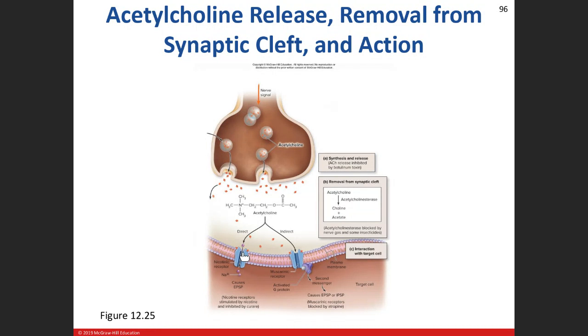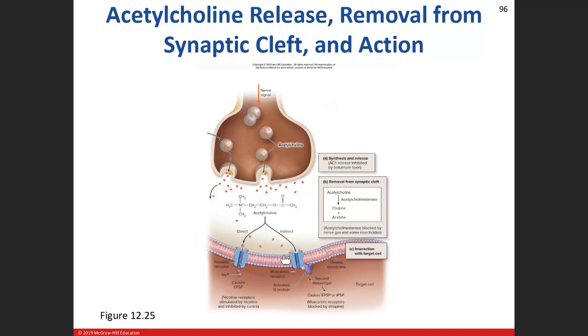This is an example of direct, so here's the direct effect: the channel opens up, sodium enters in, and causes an EPSP. The indirect effect is it causes stimulation of our G protein, that's our secondary messenger. And then there's a whole process with a G protein. I always say it skips on down the inside of the plasma membrane. Then it'll activate some other enzymes to do their thing. It's a whole series of steps.